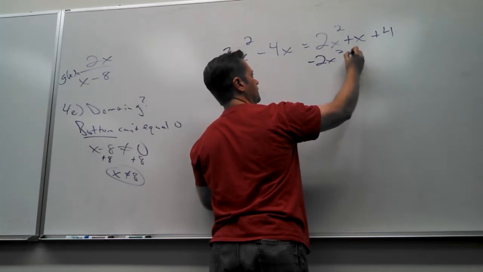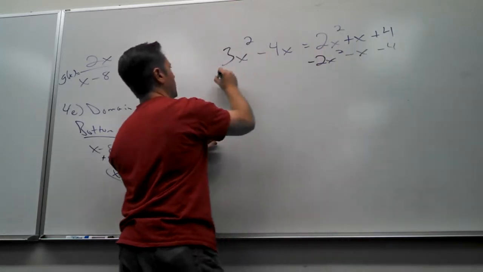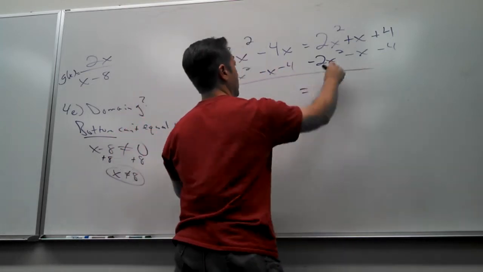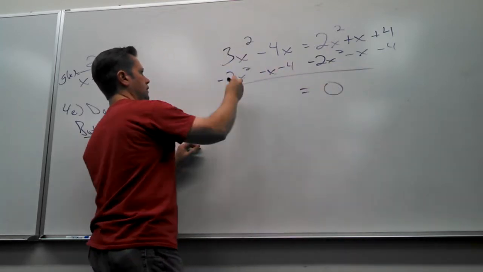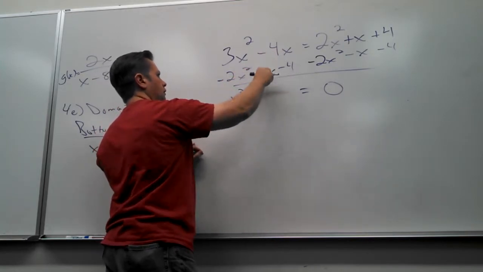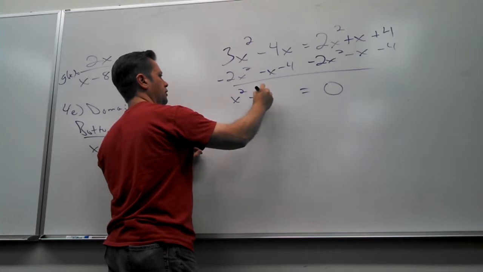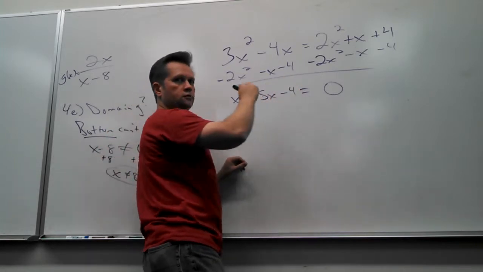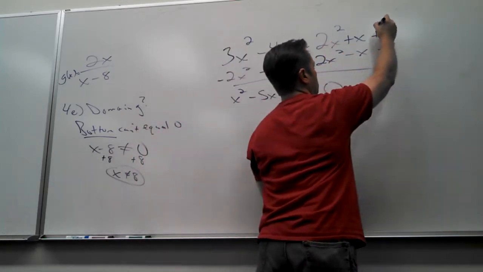Keep going. Yeah, so subtract 2x squared, subtract x, subtract 4. So on this side I get 0. On this side I get x squared minus 5x minus 4, right? And really, this is what I was trying to do.